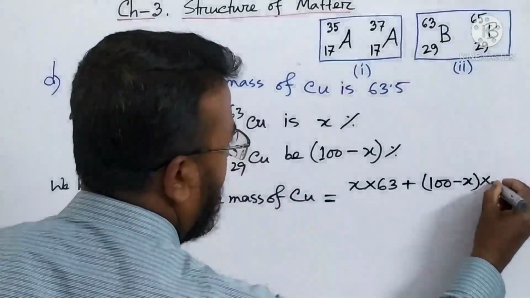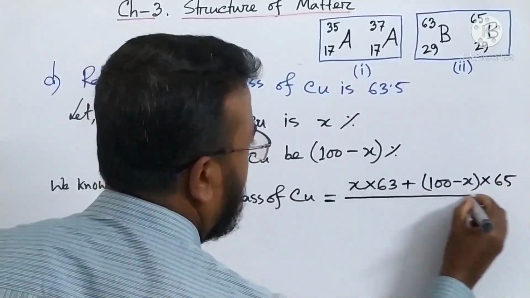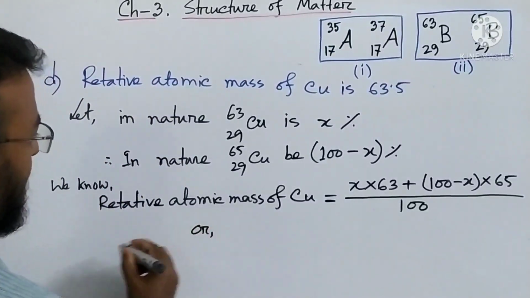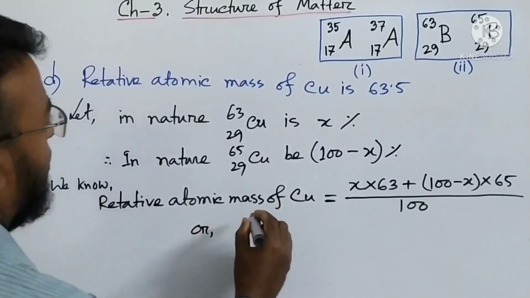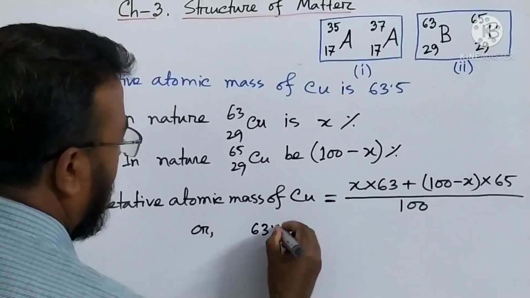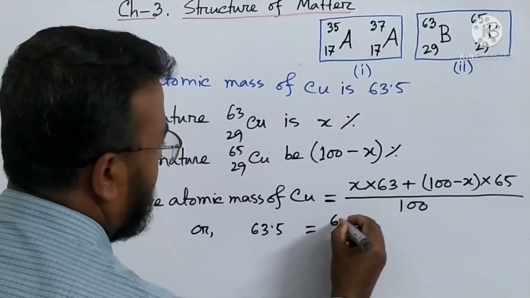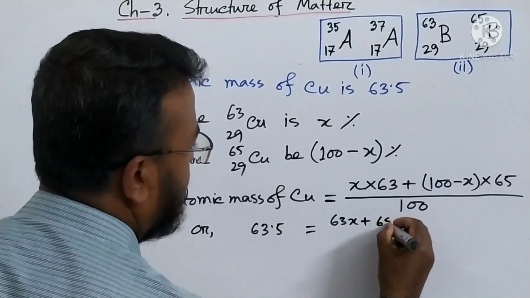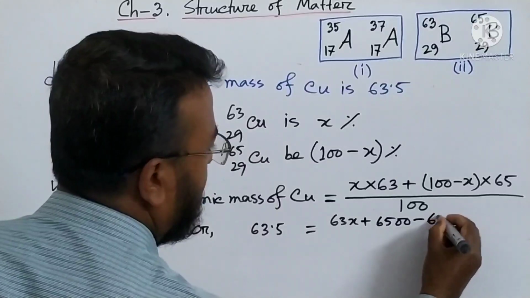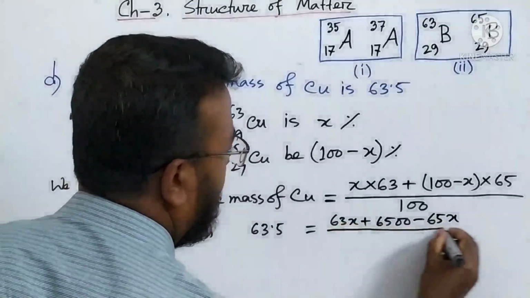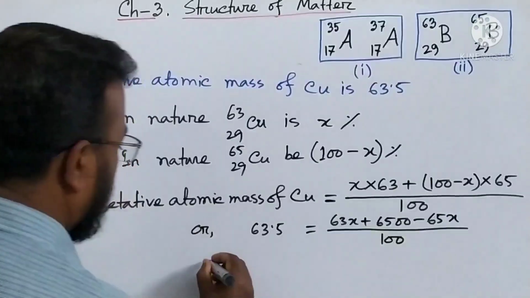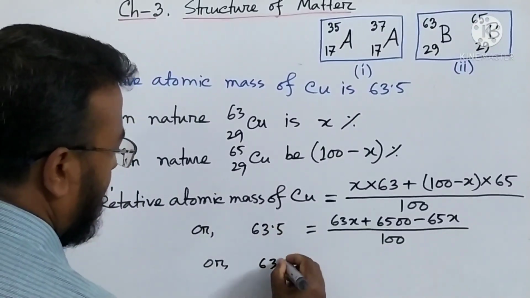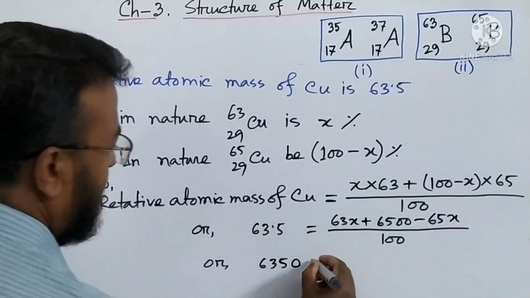Now we know the relative atomic mass of copper is 63.5. Now it will be 63X plus 6500 minus 65X divided by 100. Now cross multiply, it will be 6350, if we multiply 100 with this.